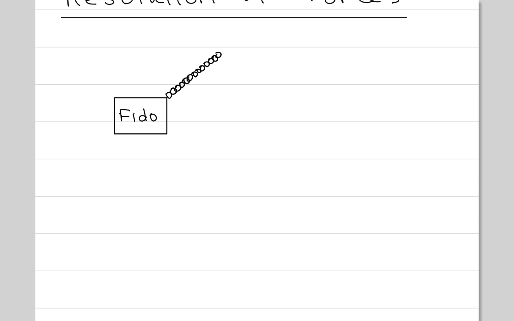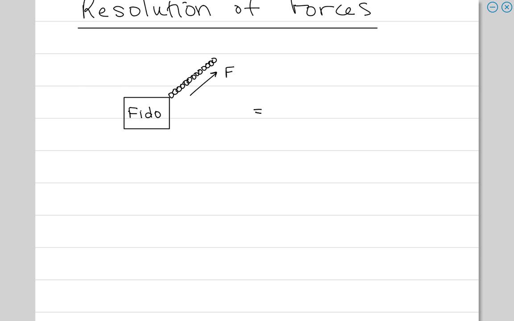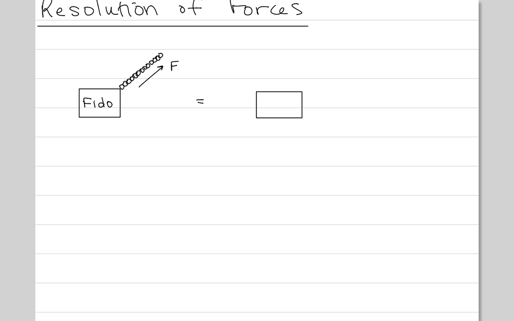So if you imagine a force along this chain or cable or rope or whatever it is, this tension force is equal to, and you just draw the exact same picture of Fido here, with the chain going vertically, and it's going to be smaller than the hypotenuse, and the chain going horizontally.